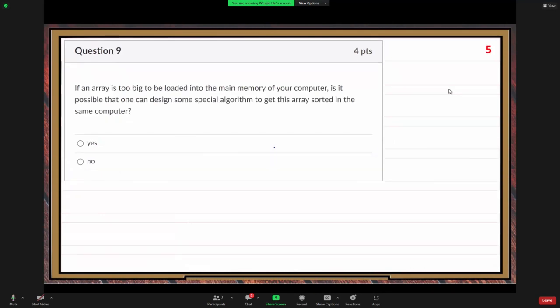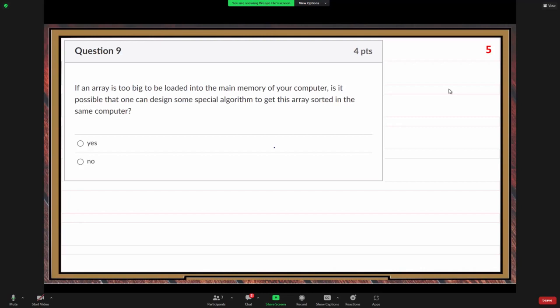Number 9: if an array is too big to be loaded into the main memory of your computer, is it possible that one can design some special algorithm to get this array sorted in the same computer? I described a story when I talked about merge sort, split. That huge array, we cannot load it into the main memory.